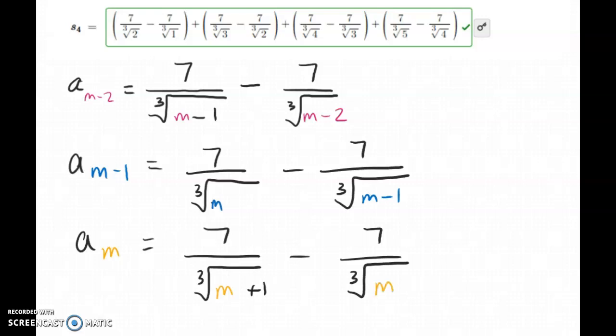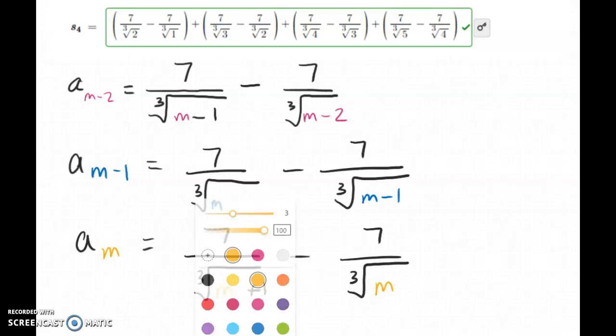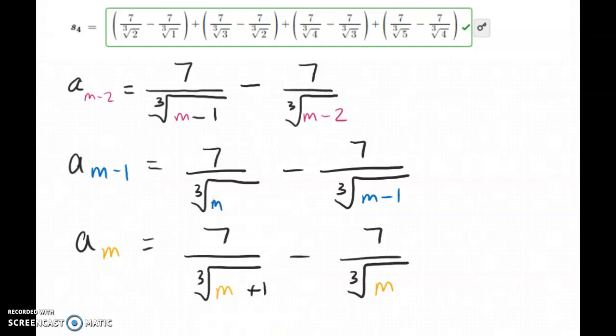Now I'm going to use some different color markers here, and we're going to cross off terms when looking at the partial sum. I've got the first 4 terms up here, and the last 3 down here. Let's cross off, because when we're taking the sum, we have to add these together.